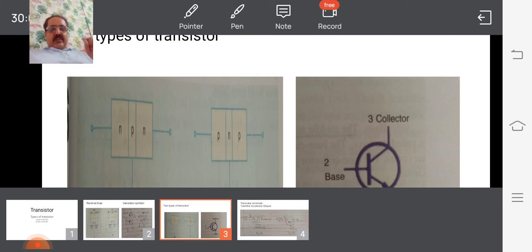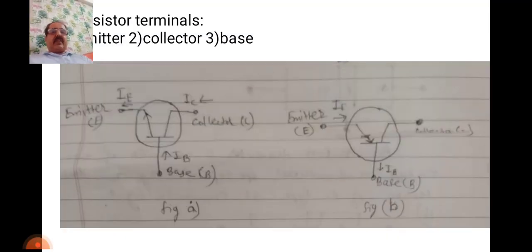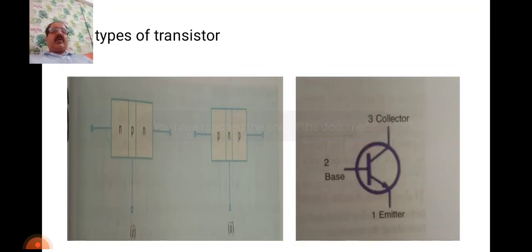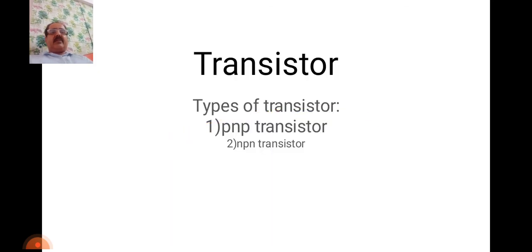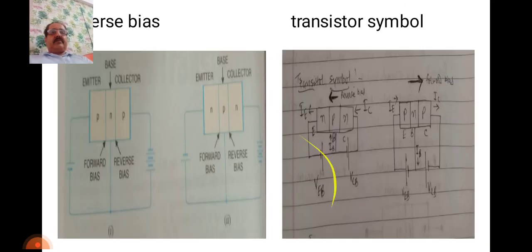We have to consider the importance of transistor action. The input circuit, that is the emitter base junction, has low resistance because of forward bias, whereas the output circuit, that is the collector base junction, has high resistance due to reverse bias.